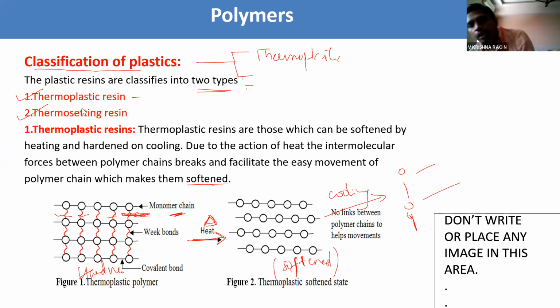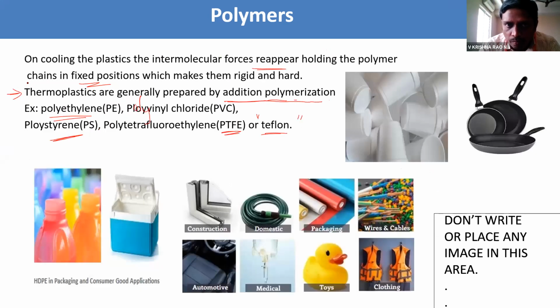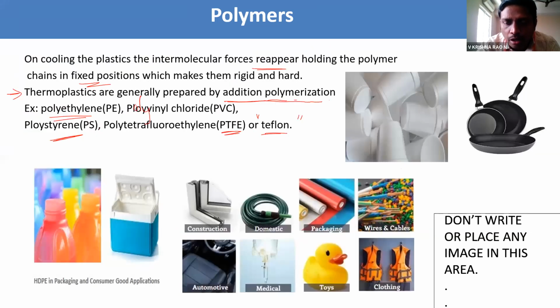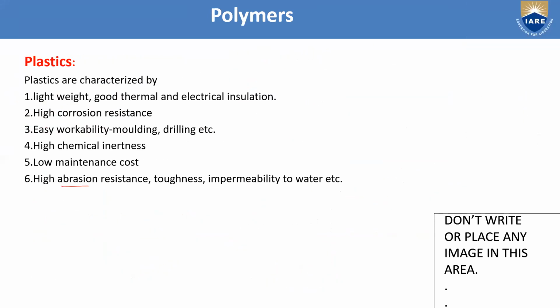You may get one question, only one question from module 3, whatever we discuss up to biodegradable polymers. From module 1 and module 2, you will get two long answers and one short answer. Only one long answer you will get from the polymers.